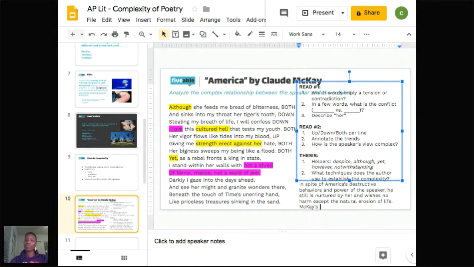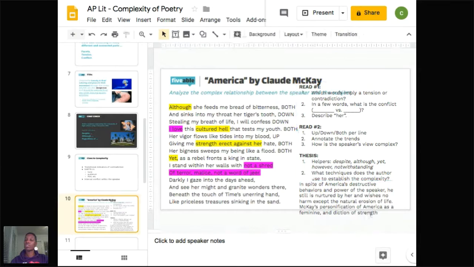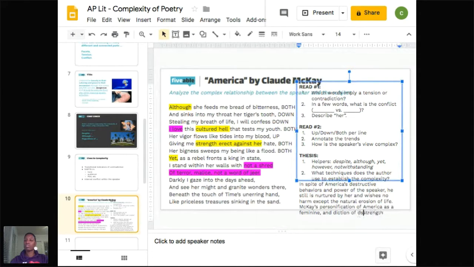McKay's personification of America as a feminine and diction of strength, of destructive strength, establish an abusive but forgiving relationship.